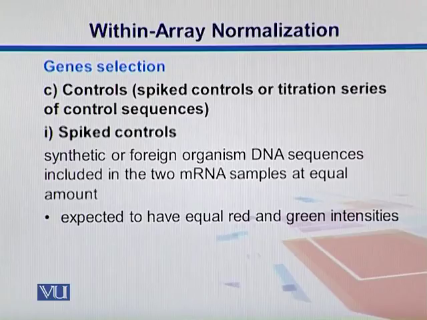We can have controls. For example, we can have spiked controls or a titration series of control sequences. So what we do over here is we take synthetic or foreign organism DNA sequences and we put them into messenger RNAs at equal amount, and then we can have equal red and equal green intensity. In this way you can control those biases towards attaching with those differential dyes.